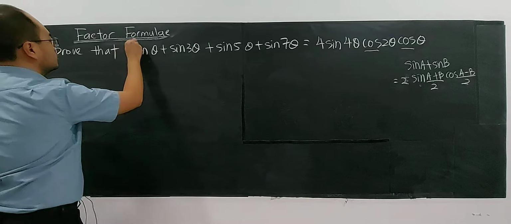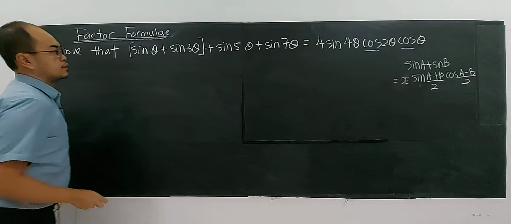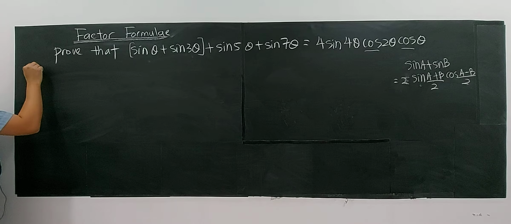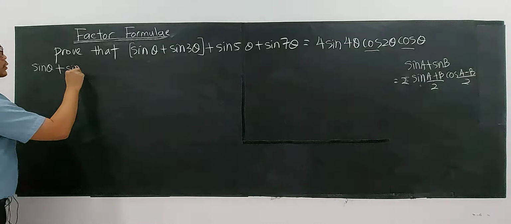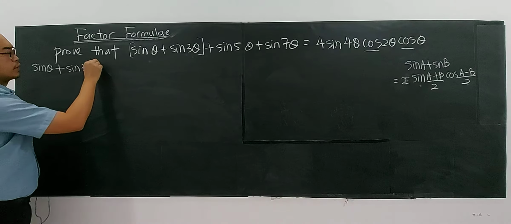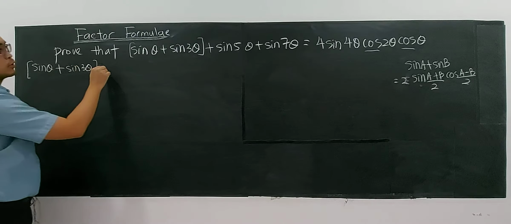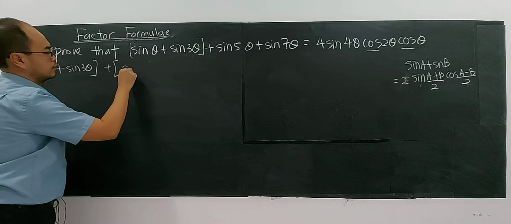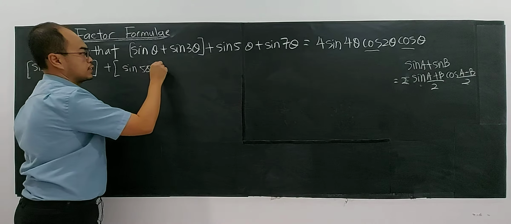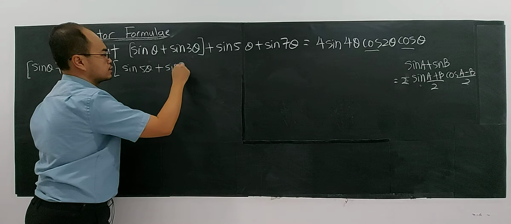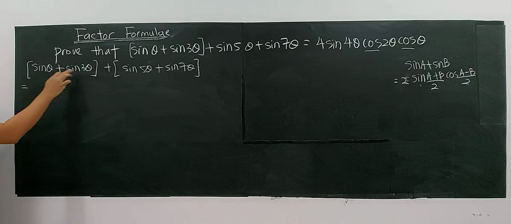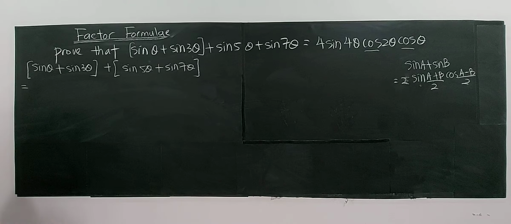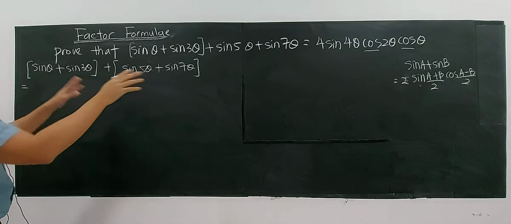I may add up these two, sine theta. So starting from the left hand side, sine theta plus sine 3 theta, I group it as something I want to apply, sine 5 theta plus sine 7 theta, right? For sine theta and sine 3 theta, I usually ask students to arrange them such that if you want to use the factor form, it's okay if you apply it this way.